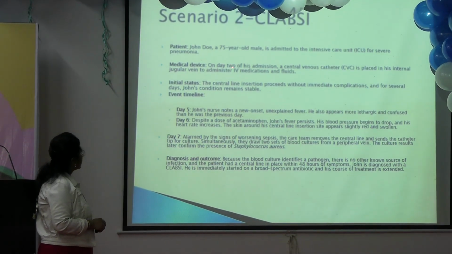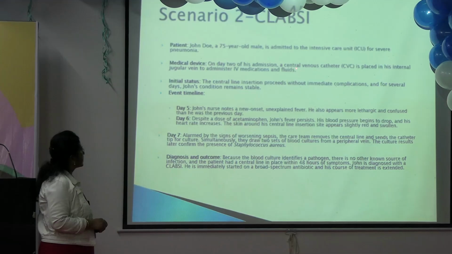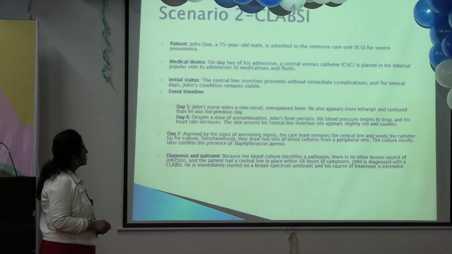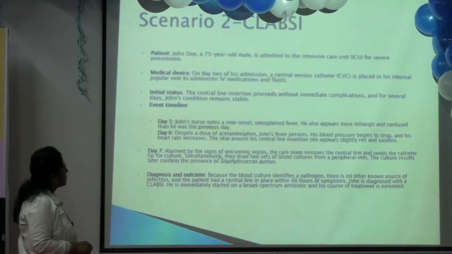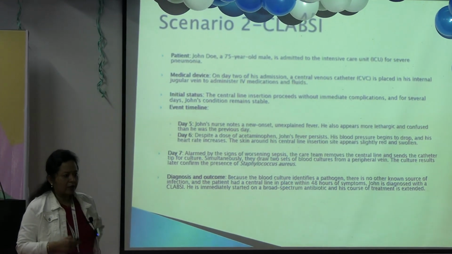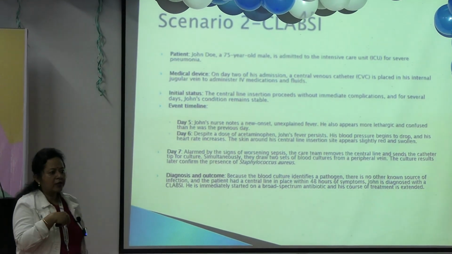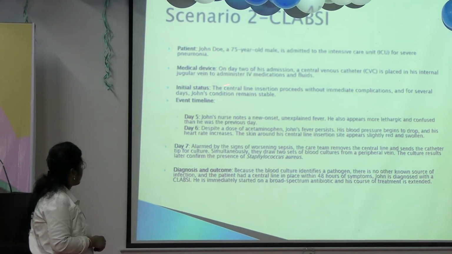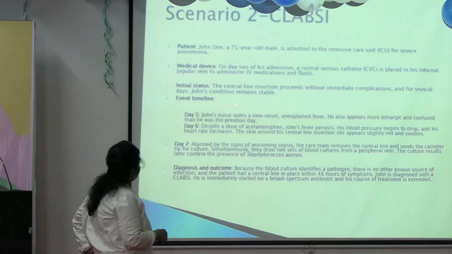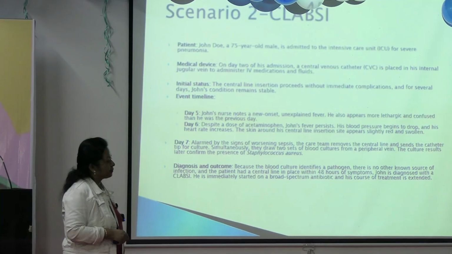Medical device. On day 2 of his admission, a central venous catheter is placed in his internal jugular vein to administer IV medication and fluids. Okay, you know the internal jugular vein. So there a central venous catheter was introduced for the administration of medication. When did you put it? On second day.